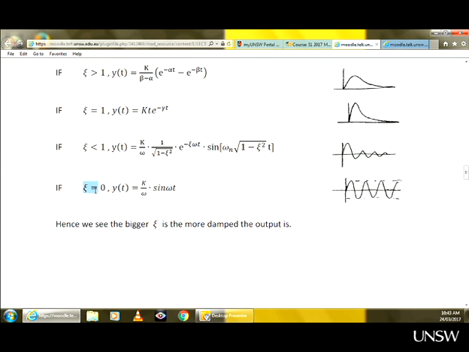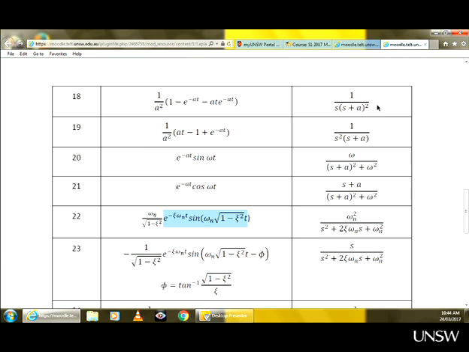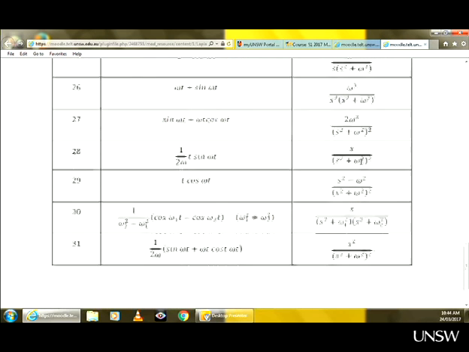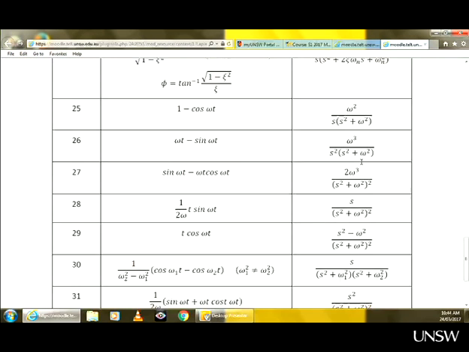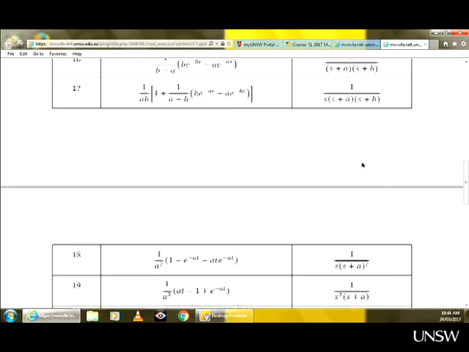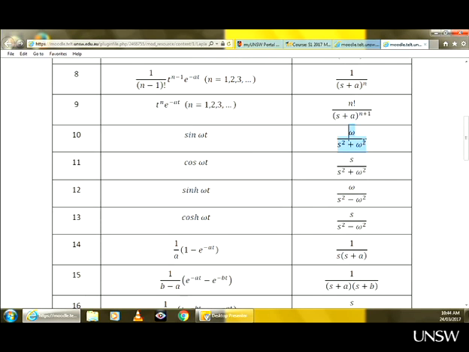And finally, if the damping ratio is 0, so we have this case 4 here, multiplied by 1, find the inverse Laplace transform. And I don't remember really where to look now. Okay, here we are. So the numerator is s squared plus omega squared.